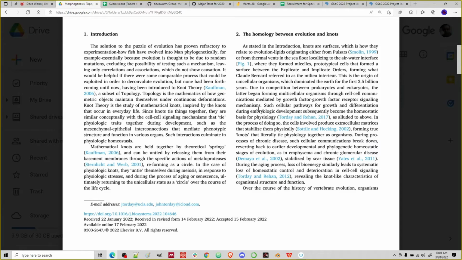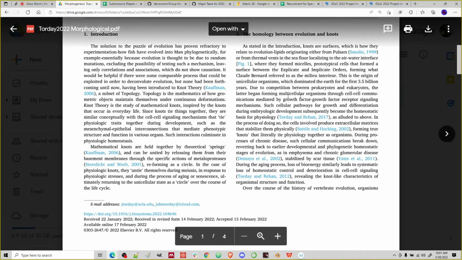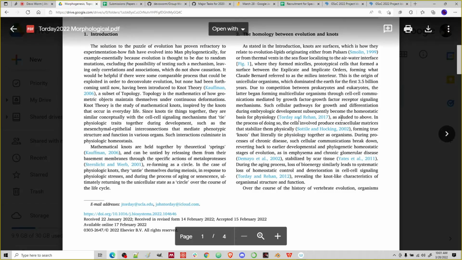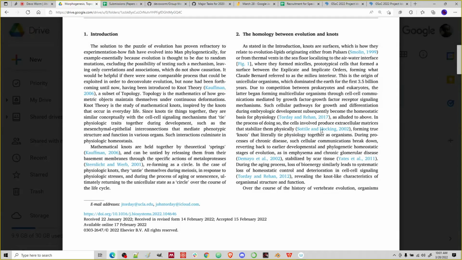So you get these mechanisms going on at the cell level, and they're building to these homeostatic mechanisms. In the process of doing so, the cells involved produce extracellular matrices that stabilize them physically, forming true knots that literally tie together these cells as organisms, or these systems as organisms.